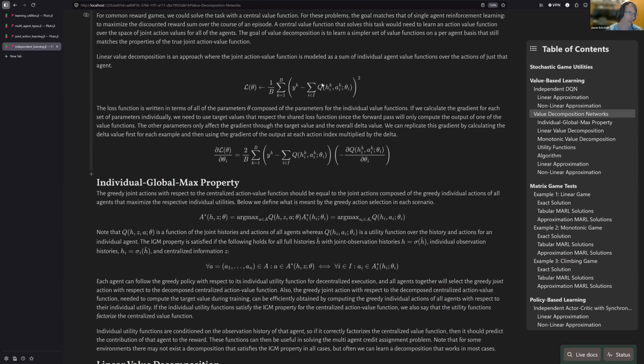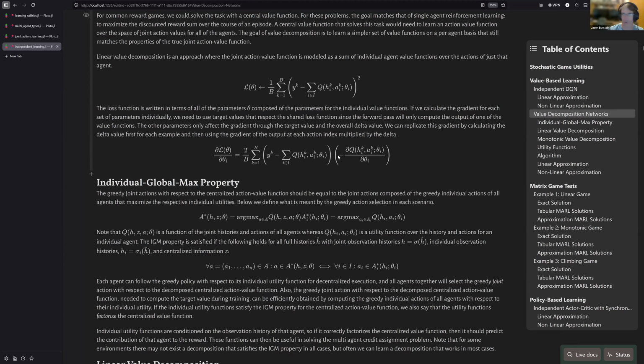If instead we can compute the gradient with respect to just one parameter set, then we can compute this partial derivative and multiply it by these values. These are all of the outputs for the other networks. So even to compute one gradient pass for a single network, we need the forward pass for all of the other networks available just to compute this delta value.